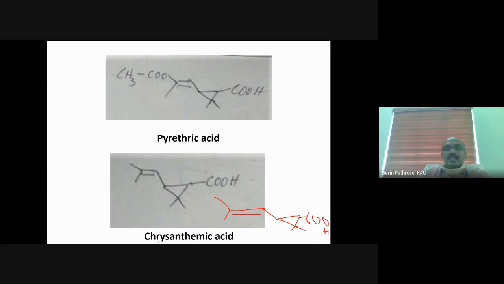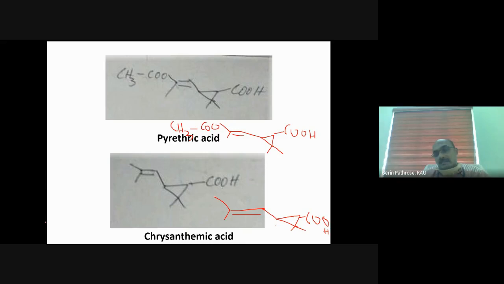In the case of pyrethric acid, I will draw it again. So this will be pyrethric acid.